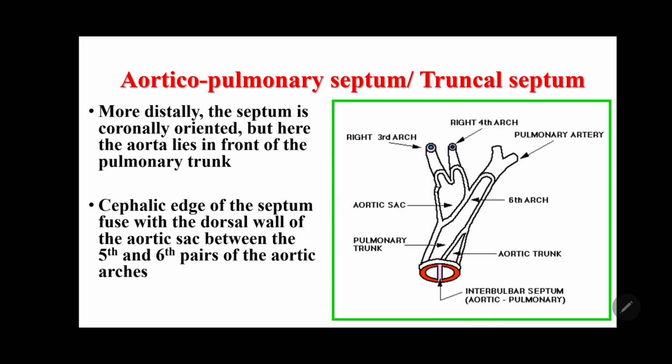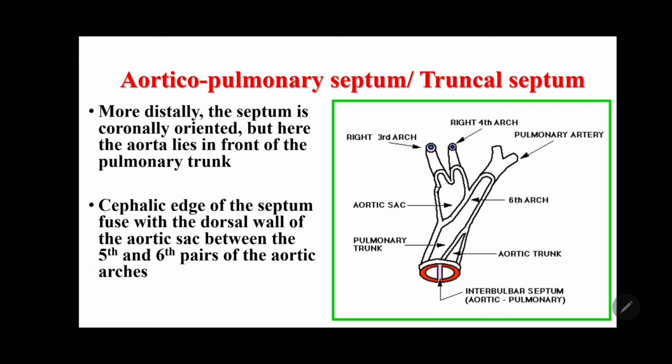So more distally the septum is oriented coronally, and this aorticopulmonary septum below is fusing with the proximal and distal bulbar septums. But what is above? The cephalic edge of the septum fused with the dorsal wall of the aortic sac.